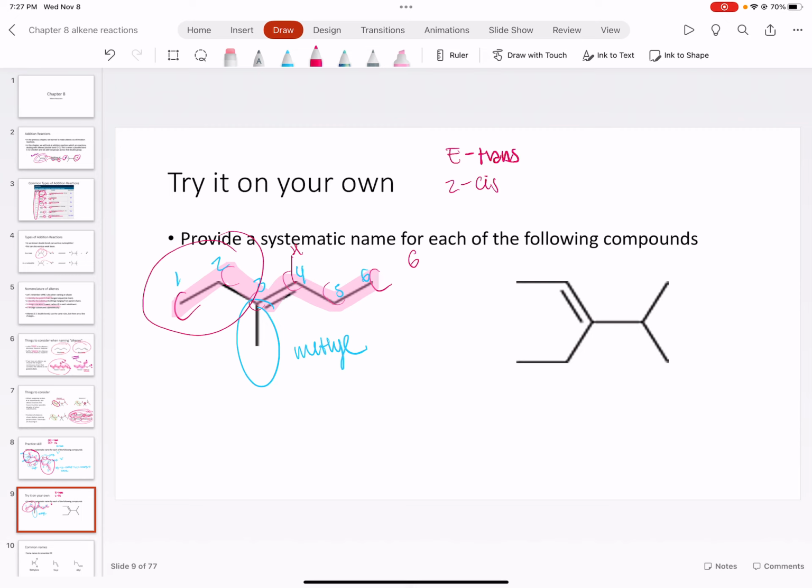And then if I was to look at my right side, you already know that a carbon chain has a higher priority than a hydrogen. Therefore, my configuration will be E for this one.